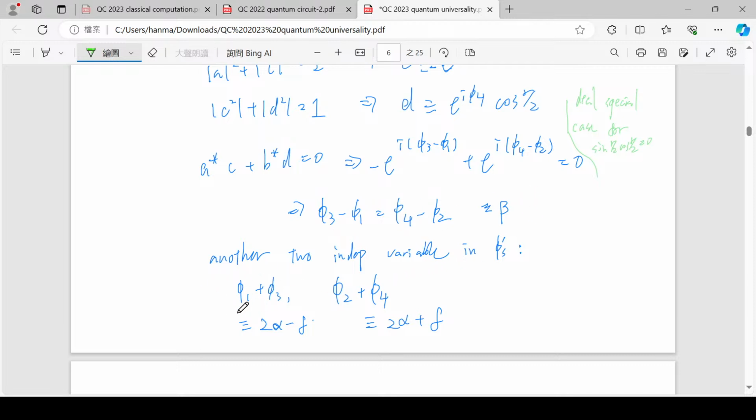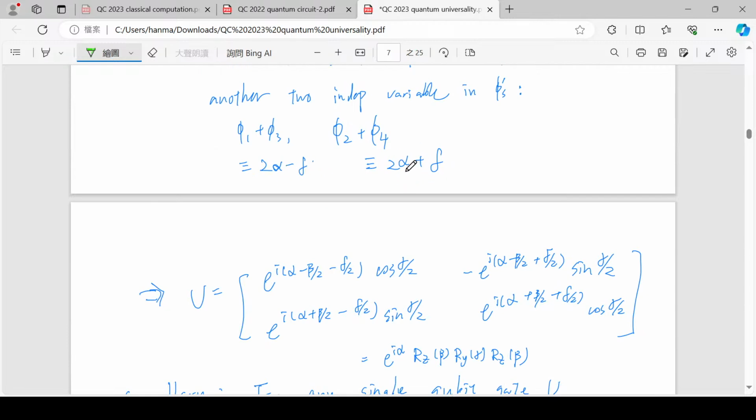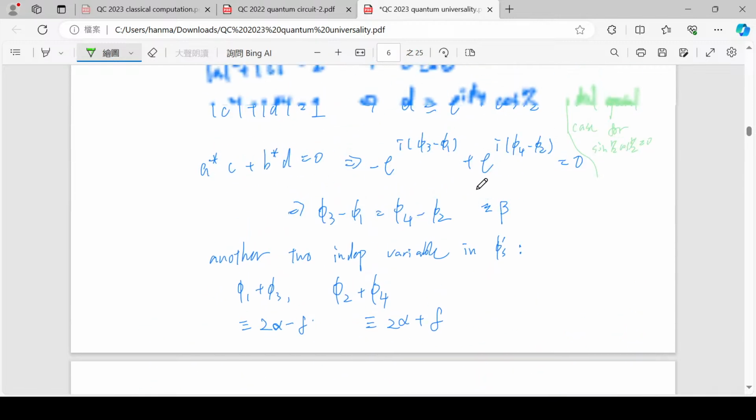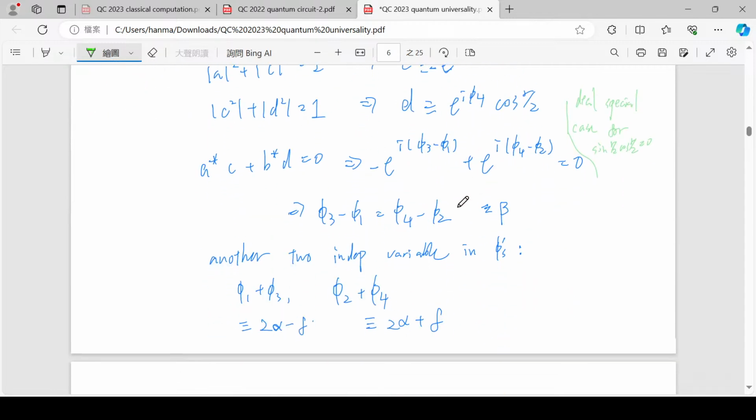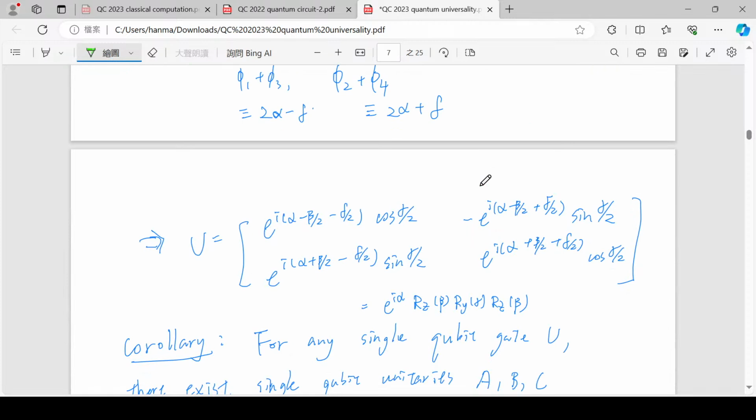But the sum of phi 1 and phi 3 can be anything, and the sum of phi 2 and phi 4 can be anything. And we just say it's 2 alpha minus delta and 2 alpha plus delta. And anyway, now we have everything in terms of alpha, beta, delta, gamma, and put together, it's this matrix.